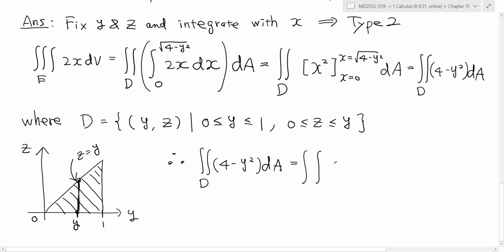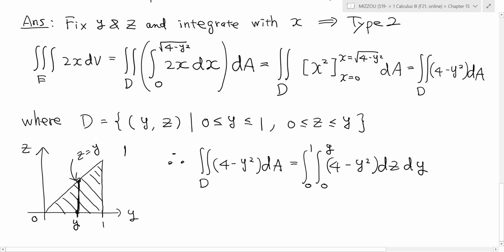For each fixed y, you integrate with z from 0 to y, and then y is from 0 to 1. To find the limits for y, you look at the shadow of this region when you light it up from above. In this case, the shadow is this line.